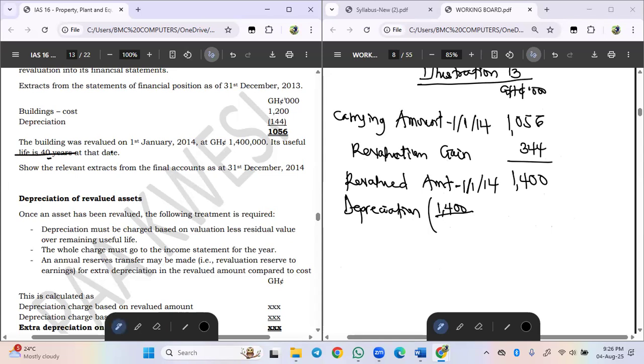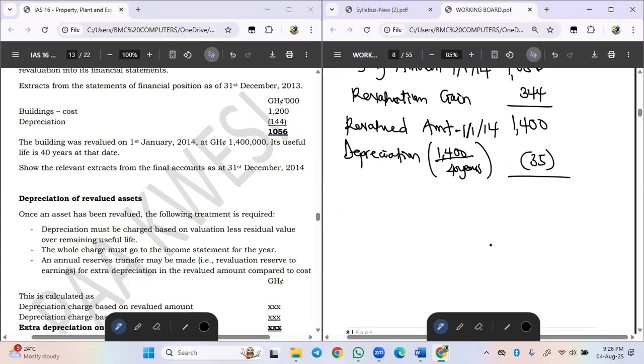So divided by 40 years, that is 35. So what will be the carrying amount as at 31st December 2014? 1,365.